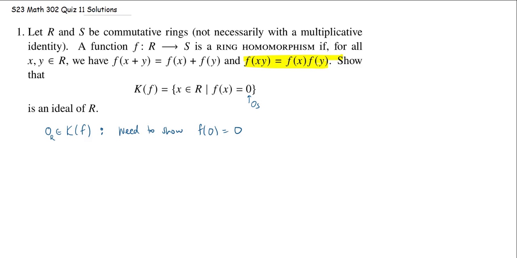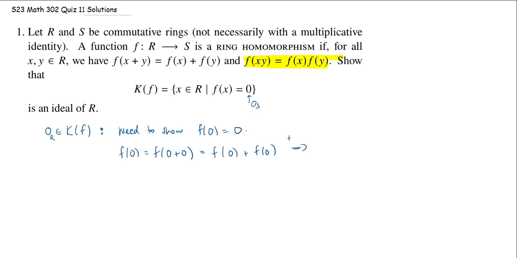How can we do that? Let's use this additivity condition. f of 0 is equal to f of 0 plus 0. And by this additivity condition, this is f of 0 plus f of 0. So now I have f of 0 and f of 0 plus f of 0, and they're equal, and these are all elements in S. I can add the additive inverse of f of 0 to each side.